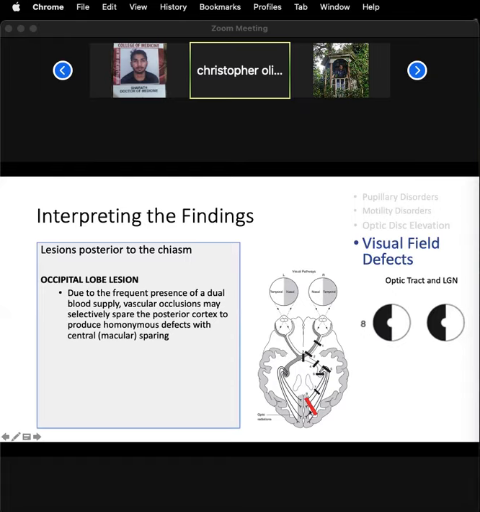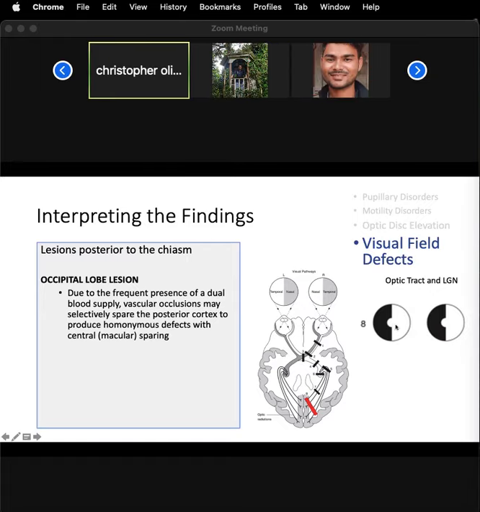Tapos, ito na sa may visual cortex, occipital lobe lesion, it will present with hemianopia pa rin, but with macular sparing. The center is spared because of the dual blood supply. Even if affected yung one blood supply, there's still another collateral blood supply that will supply the center macula.